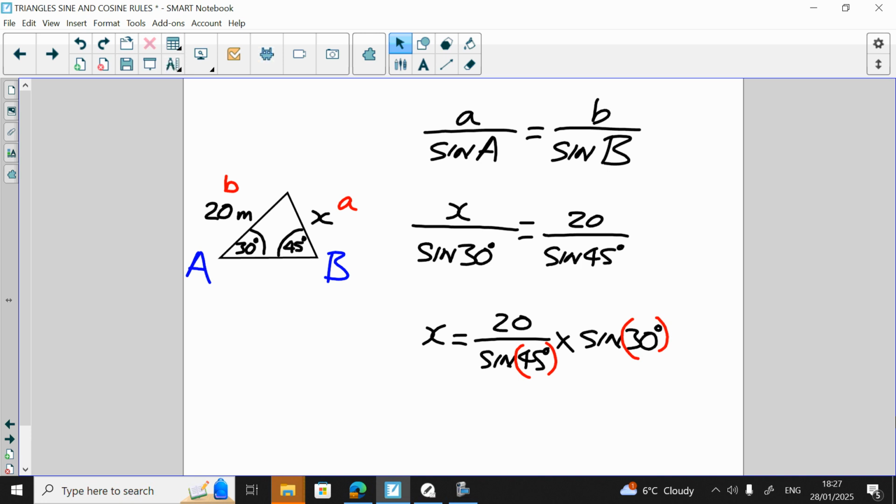Some of your calculators, what's that going to be? 20 times half, 10, 1 over root 2. That might give you something like, I don't know, 10 root 2 or something like that.